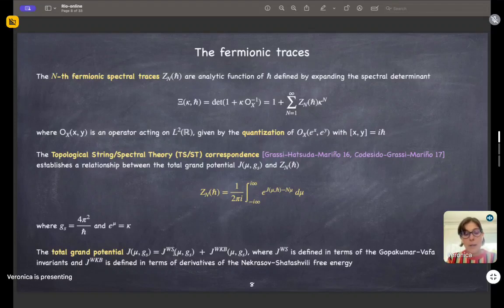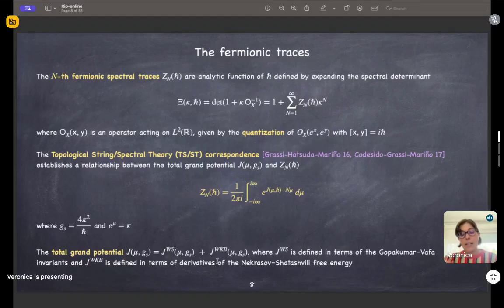So in a sense, this J_WS is the one that encodes the real counting of genus g curves in the Calabi-Yau, because the Gopakumar-Vafa invariants are integer invariants, while the Gromov-Witten are usually rational. So in this sense, this is really the actual count of rational curves in X.